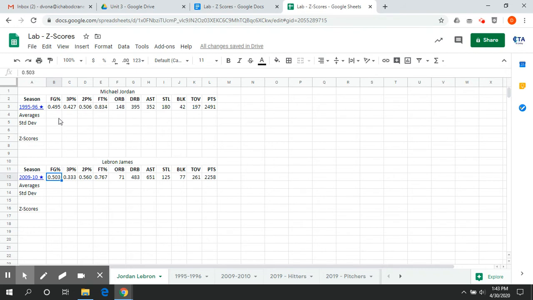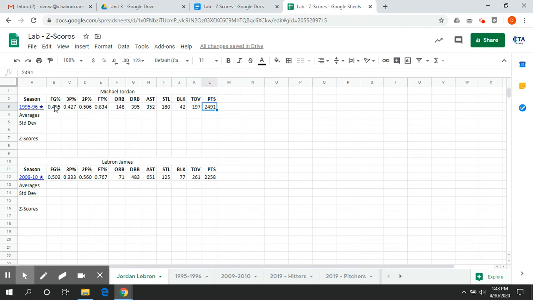What we can do is take all of these different stats, field goal, 3-point, 2-point, free throw, offensive rebound, defensive rebound, assists, steals, blocks, turnovers, points, and turn them into a single score. The thing about a z-score is it doesn't actually have a unit. It's just how many standard deviations above or below the mean something is.